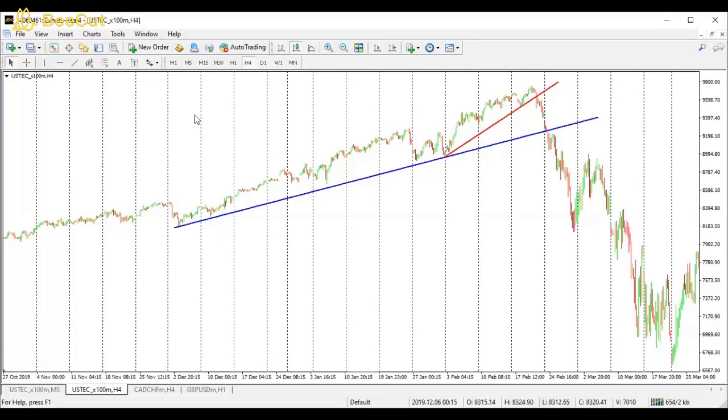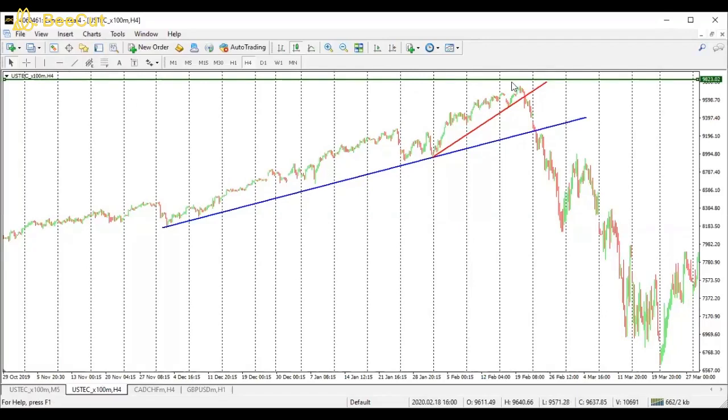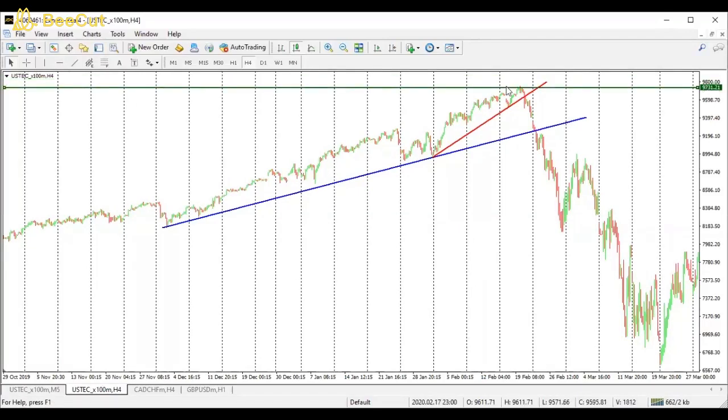Now I also need to know where the market is in terms of support or resistance. So I'm going to pull out my horizontal line and plot it at the highest point right here on H4. Clearly I can see that Nasdaq is at the resistance.